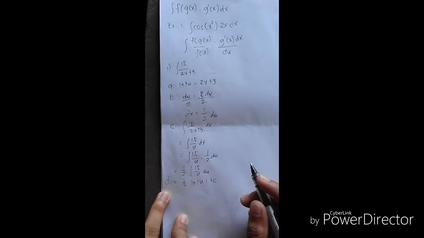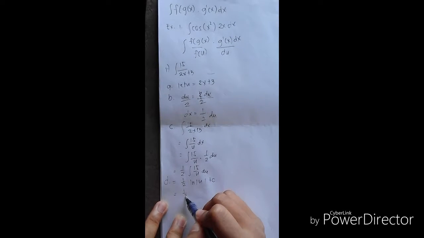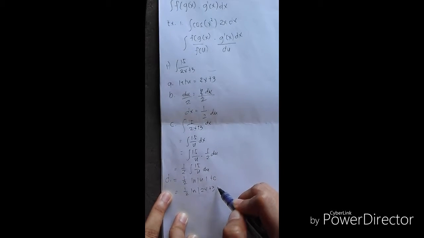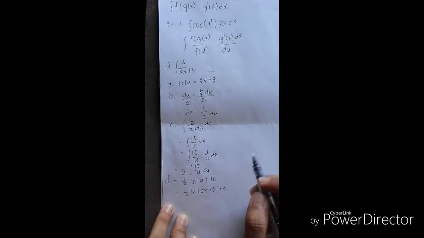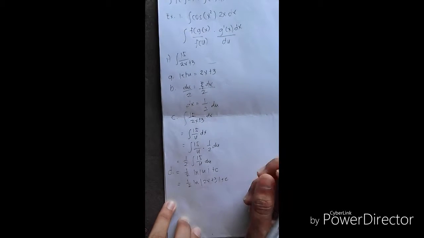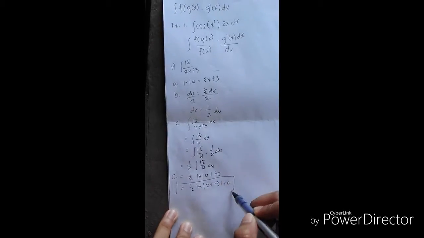So our final answer is 1/2 ln of 2x plus 3 plus c. We substitute the variable u as 2x plus 3 because this is what it represented. This is our final answer.